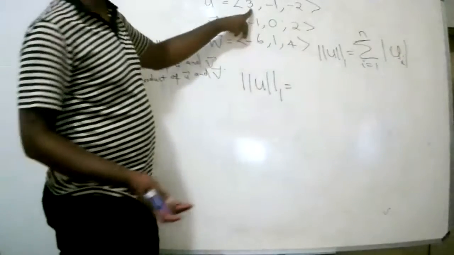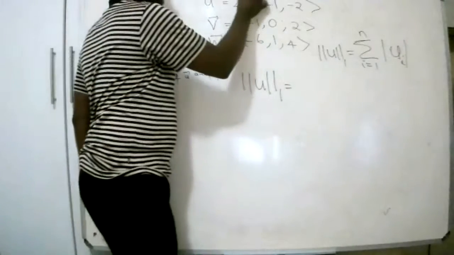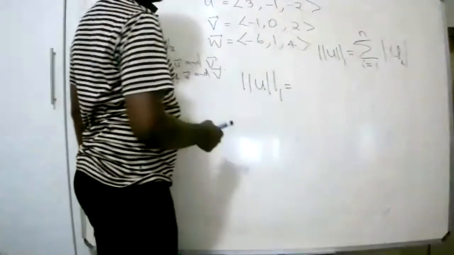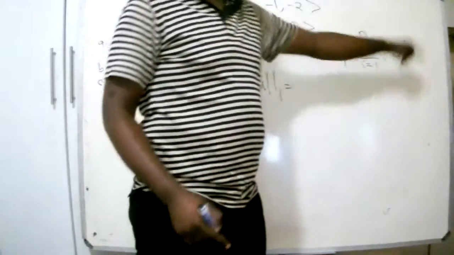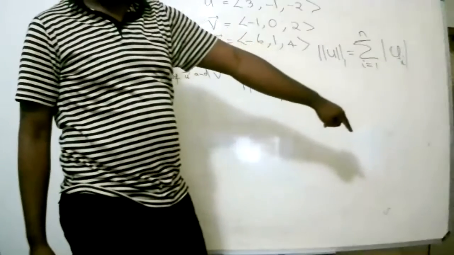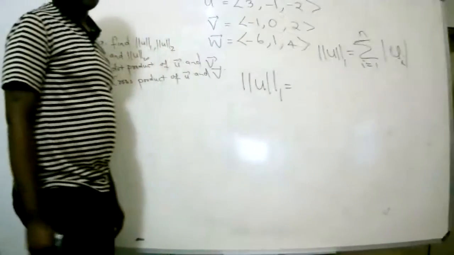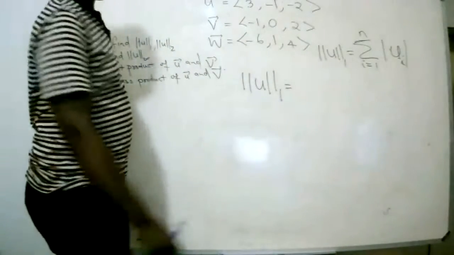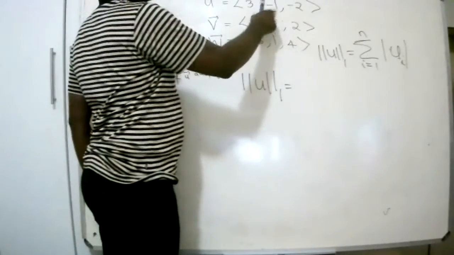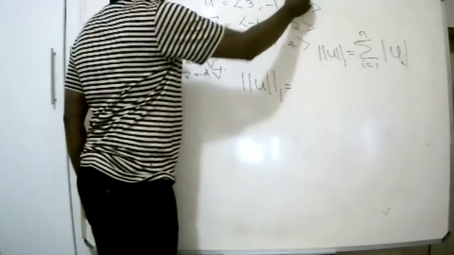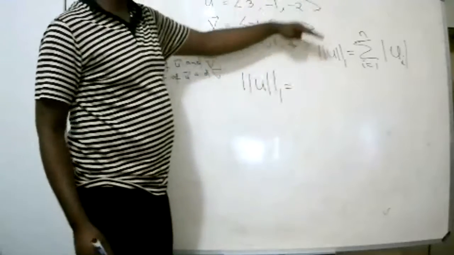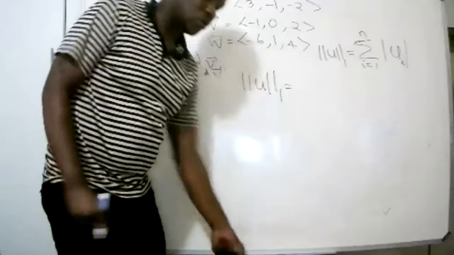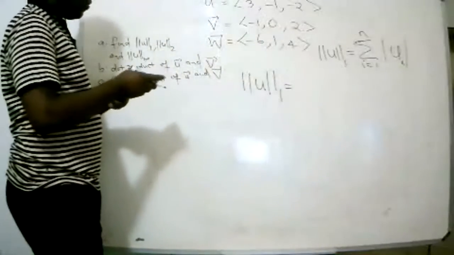So here we get 3, then 1, then 2. After we have obtained the positive values, we have to add all of them.